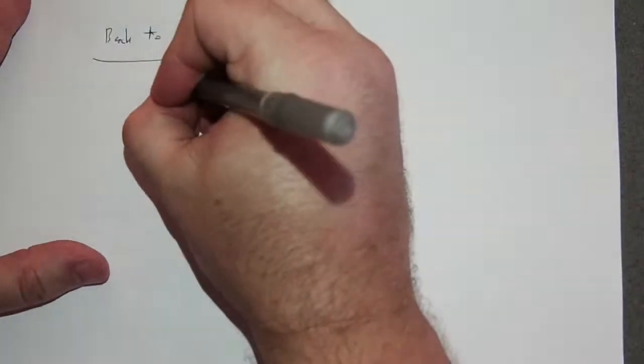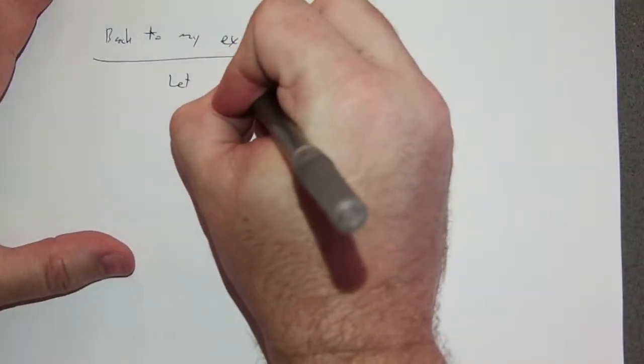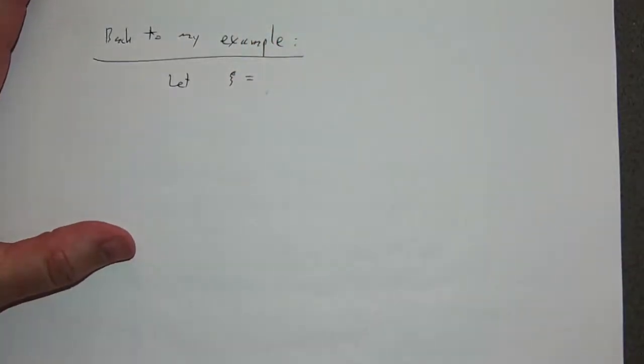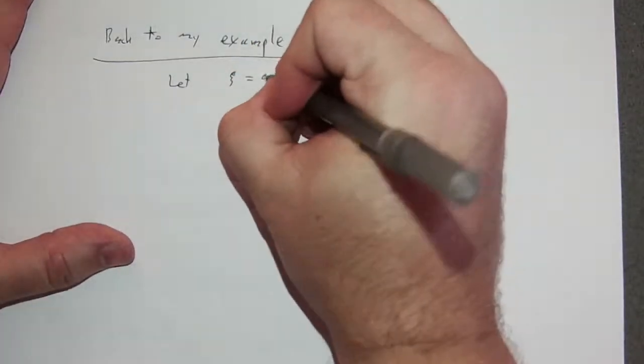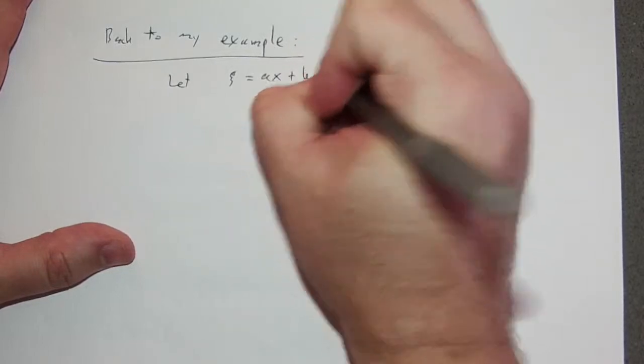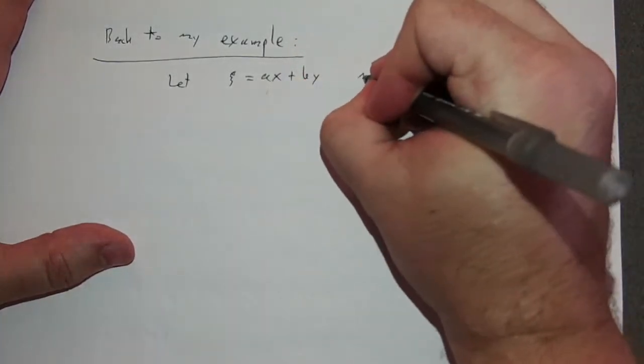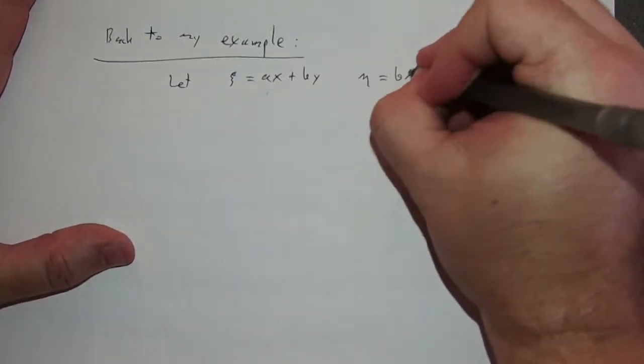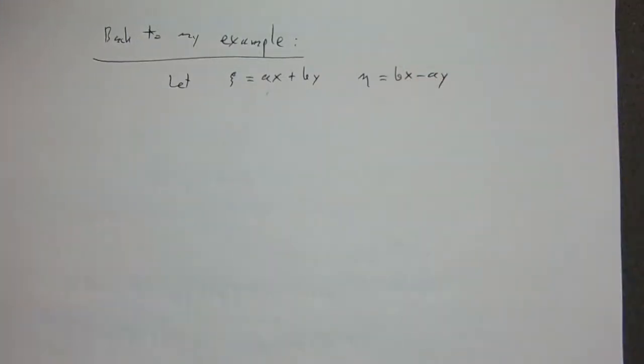Okay, so let's introduce two new variables. Let's do xi is, say, ax plus by, and eta is bx minus ay.